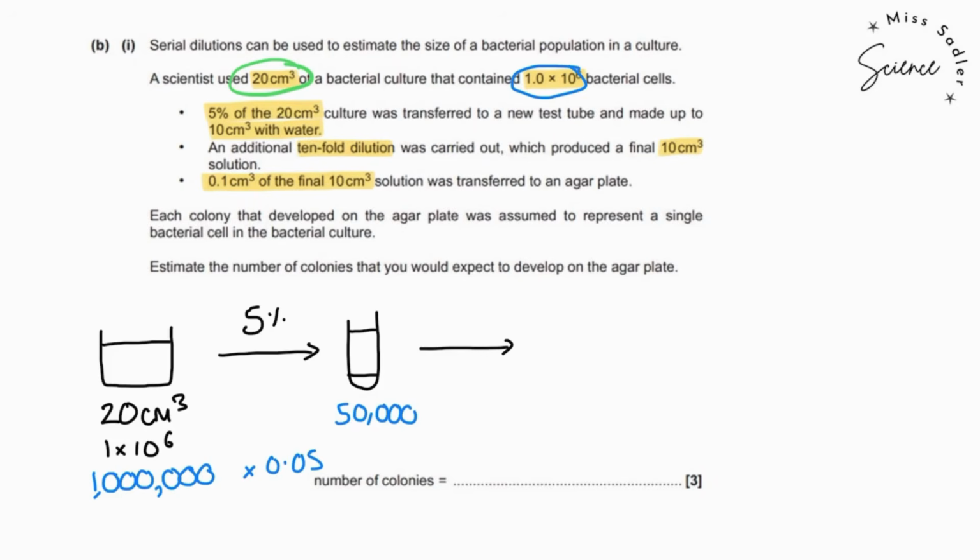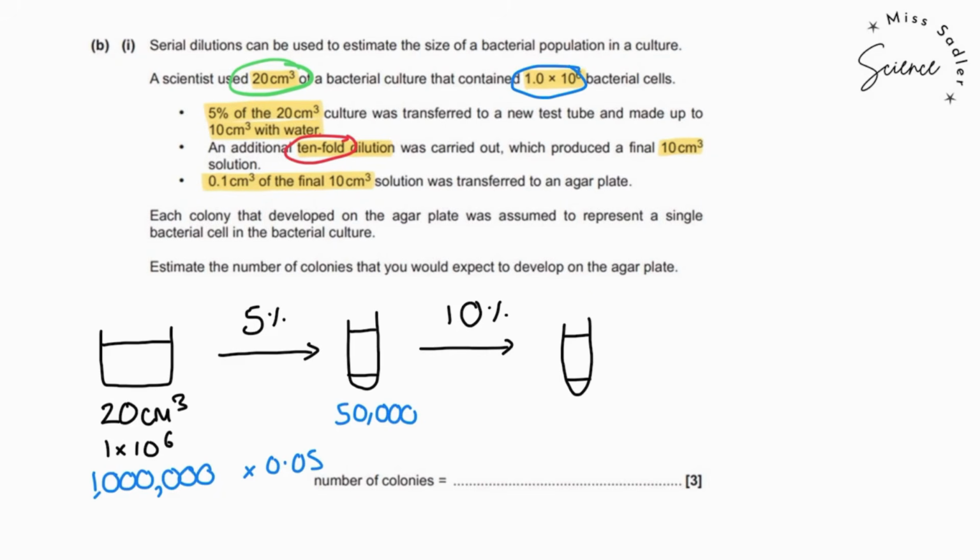The next thing that happens is it says we're doing another tenfold dilution. So again, we're going to take 1 centimetre cubed of this because we're doing a tenfold one, and top it up with 9 centimetres cubed of water. So we're taking 10% of this solution into this one.